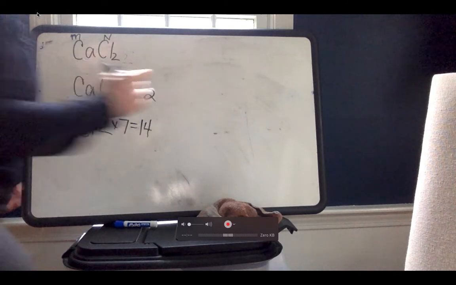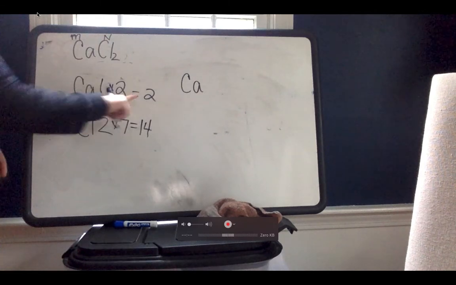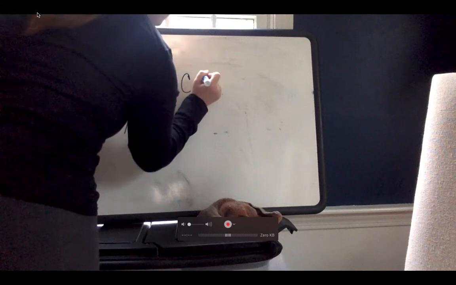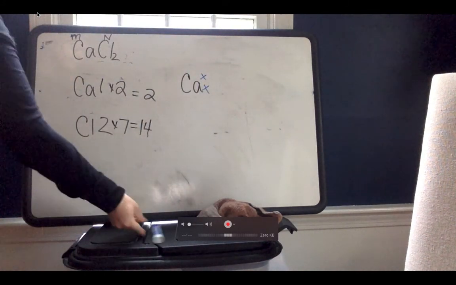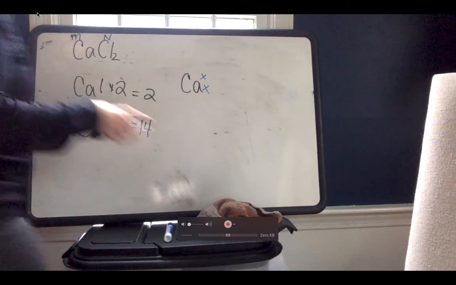I know I have 1 calcium, so I have 1 calcium over here. Calcium is our metal, and it has 2 valence electrons. So I like to do my valence electrons with my X's, just so we can clearly see. Chlorine is in group 17, so it has 7, and there's 2 of them.